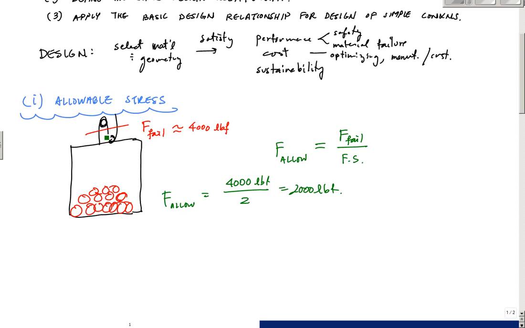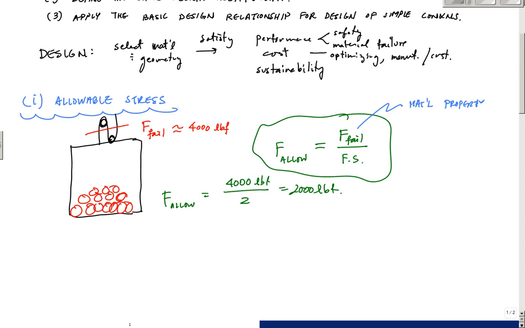Now, failure can be defined as snapping of the cables, yielding of the cables, a mechanical malfunction, who knows, right? All kinds of things. But here in mechanics of materials, we're going to relate that to some sort of material failure. So this relationship between a failure condition and then an allowable condition that the engineer specifies, this failure condition is like a material property that we're going to have in mechanics of materials.